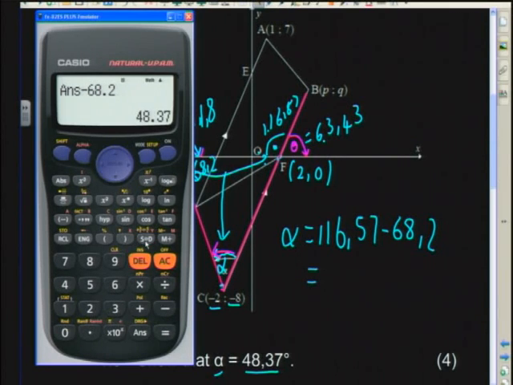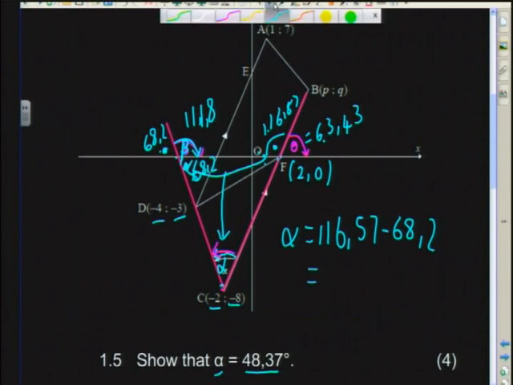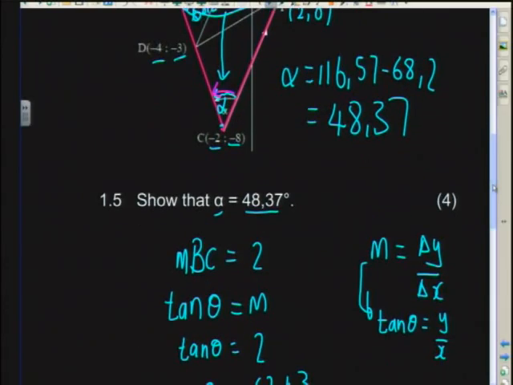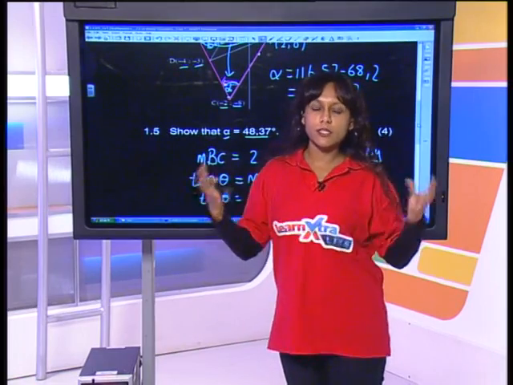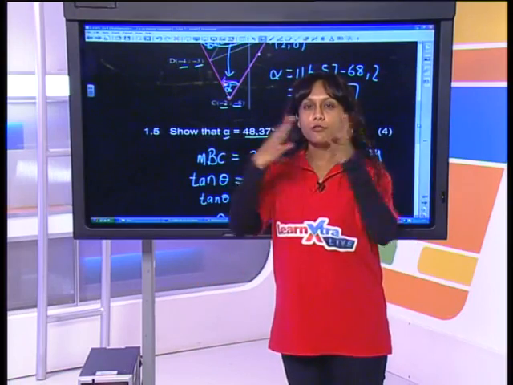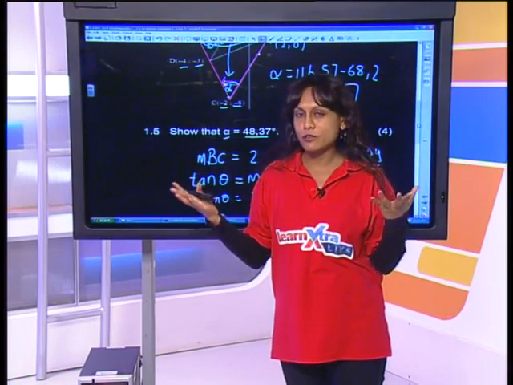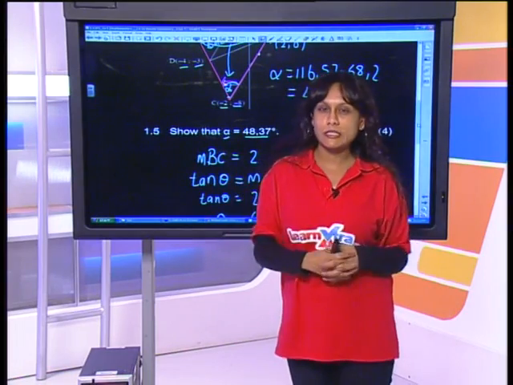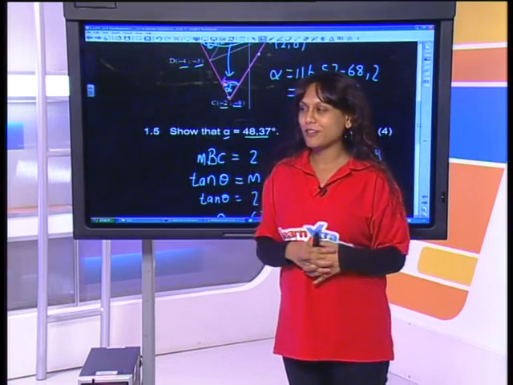And that's going to give me 48,37, which is fantastic because that is what they asked you to show that alpha was. Okay, so angle of inclination, important section. You've done it over and over again, hopefully by now. And hopefully with this question, it just sort of makes it all come together. Okay, Bonga, over to you.